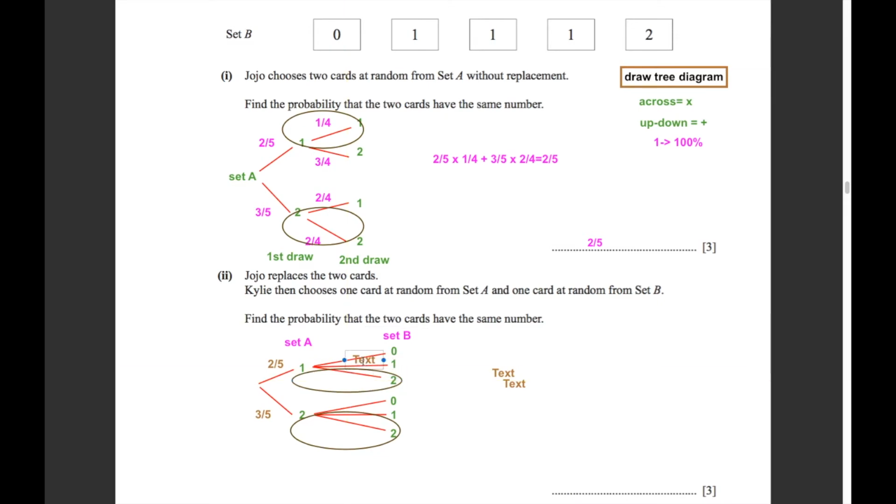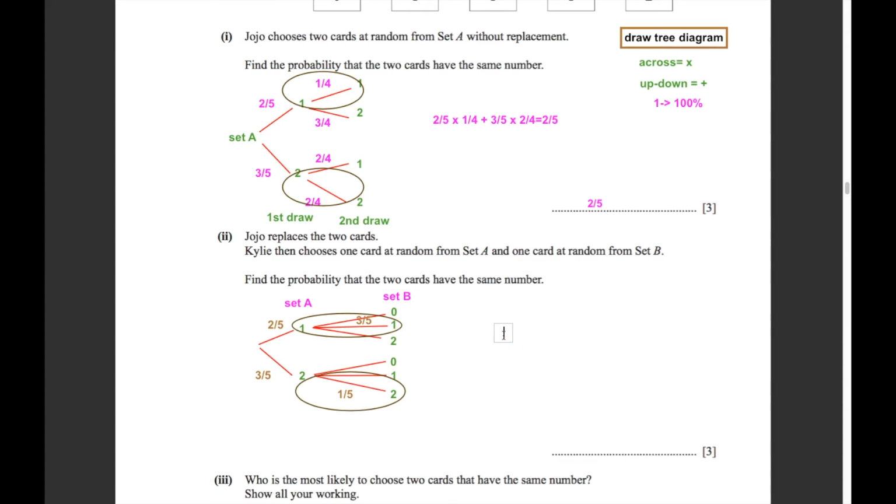Then probability of getting a 2 is just 1 out of the 5. It's not 4 this time because we're not taking something twice from there. It's just this one time. So 1 out of 5.